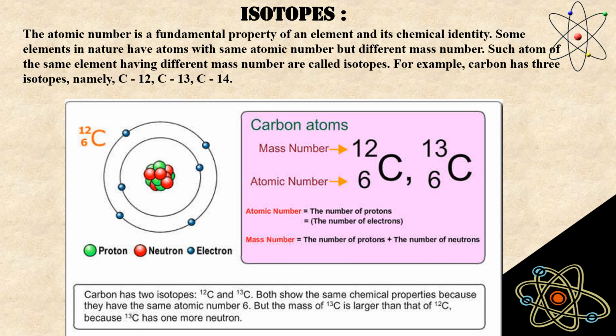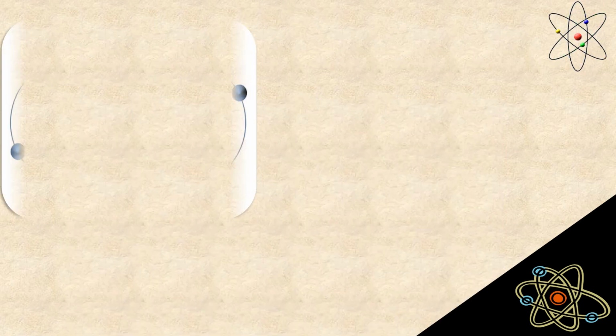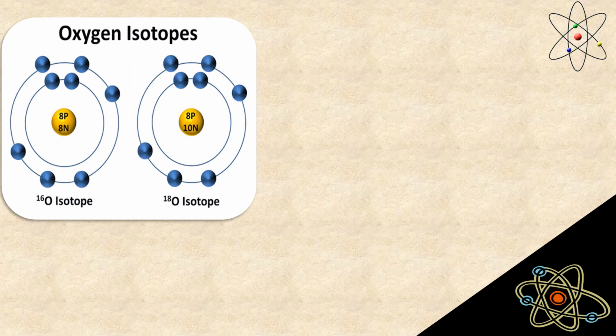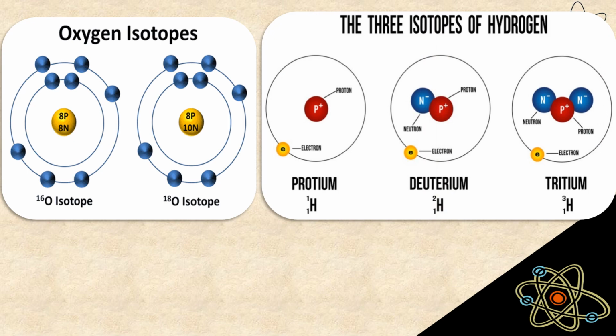Protons same है उनके अंदर, but the mass number of C13 is larger than the mass number of C12 because C13 has one more neutron present in it. Okay, and that is why they are called as isotopes. Now this is an isotope of oxygen and this is the three isotopes of hydrogen. Okay, they are called as protium, deuterium and tritium.